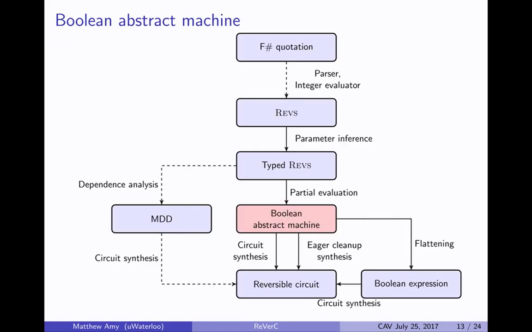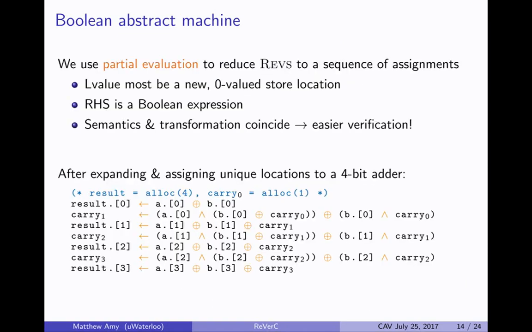So what we do is first we take the Revs program and do what we call parameter inference, which just figures out the size of different registers based on their use to get an annotated version of Revs. Then we compile it down to what we call the Boolean abstract machine, through partial evaluation.